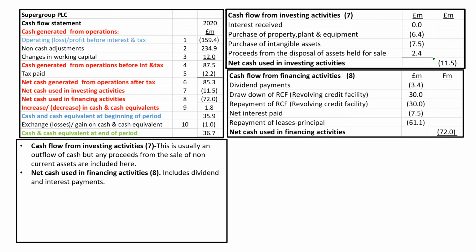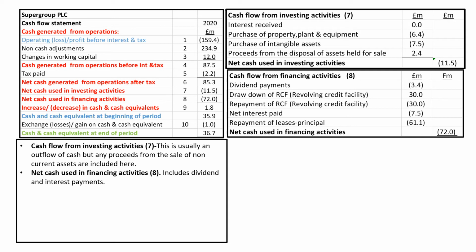The next thing we look at is the net cash used in financing activities, and it includes dividends and interest payments. Again, if you look at the breakdown provided in the financing activities, you'll find that there is a dividend payment, which is an outflow of 3.4 million.